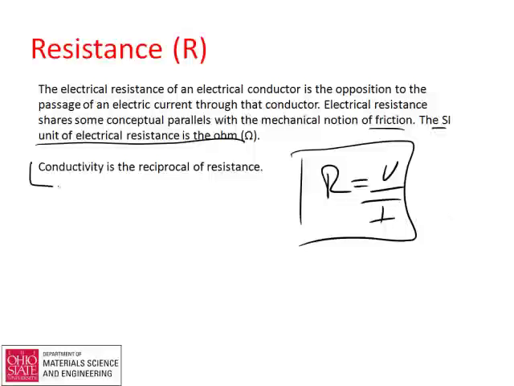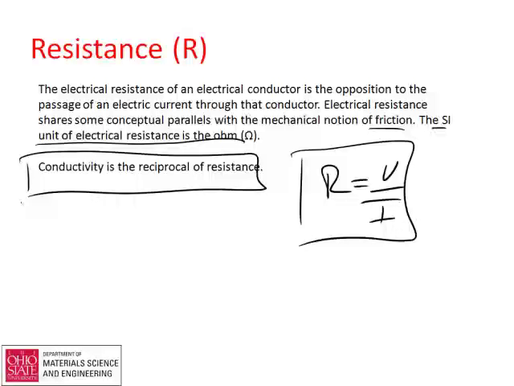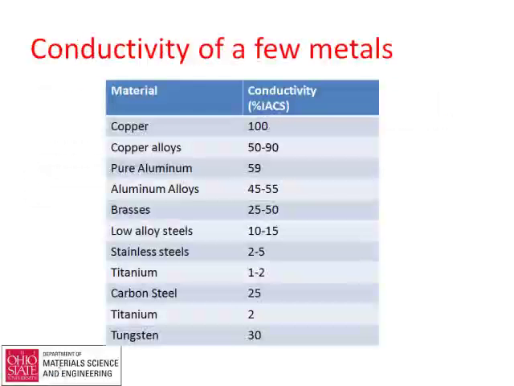Then we have conductivity, which is 1 over resistance. We typically don't talk about conductivity too much. We usually talk about resistance of elements, but there is a place we talk about conductivity a fair bit, and that's when we compare metals to one another. And here's the conductivity of a few metals. Copper is the standard.